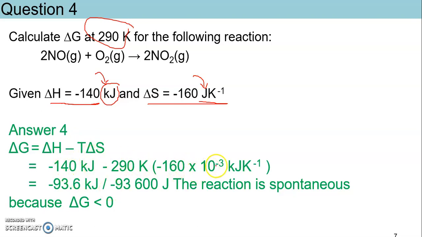So that's why I times it with 10 to the power of negative 3. So here is the factor to convert joule to kilojoule. So I will have kilojoule per Kelvin here. So now the units are uniform. The dimension is uniform. Because we need to make sure our dimension is correct.